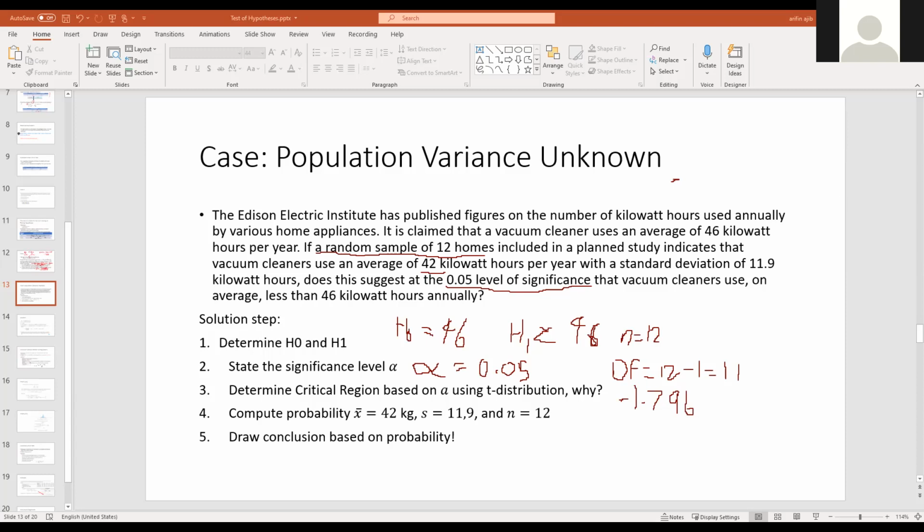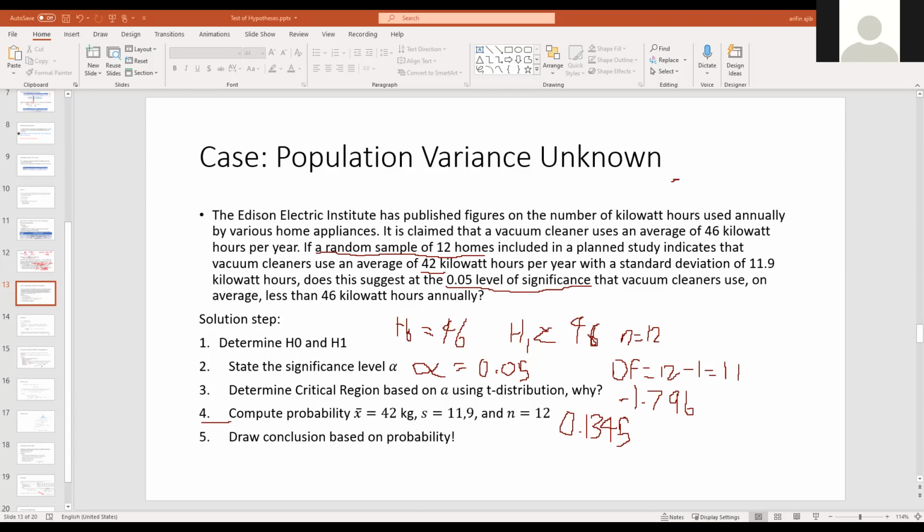Okay, and compute probability. For this question I used a t-distribution calculator, and the p-value is 0.1345. Draw a conclusion based on probability.